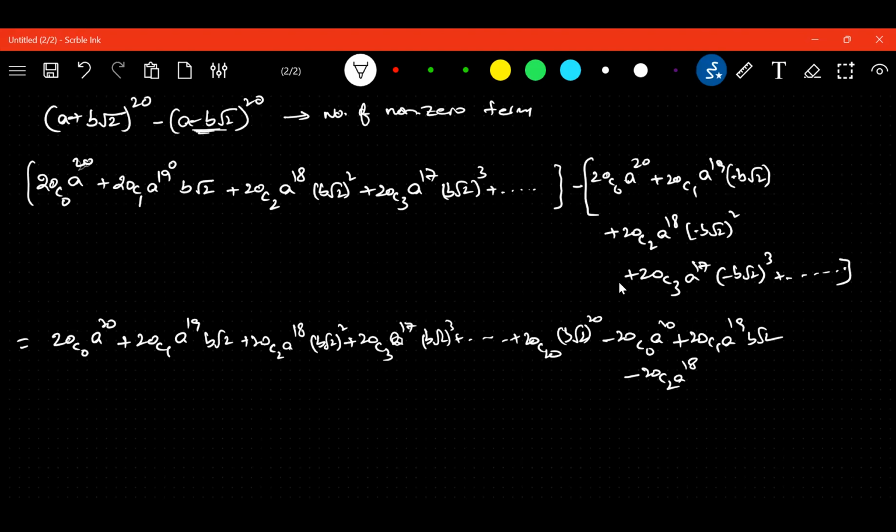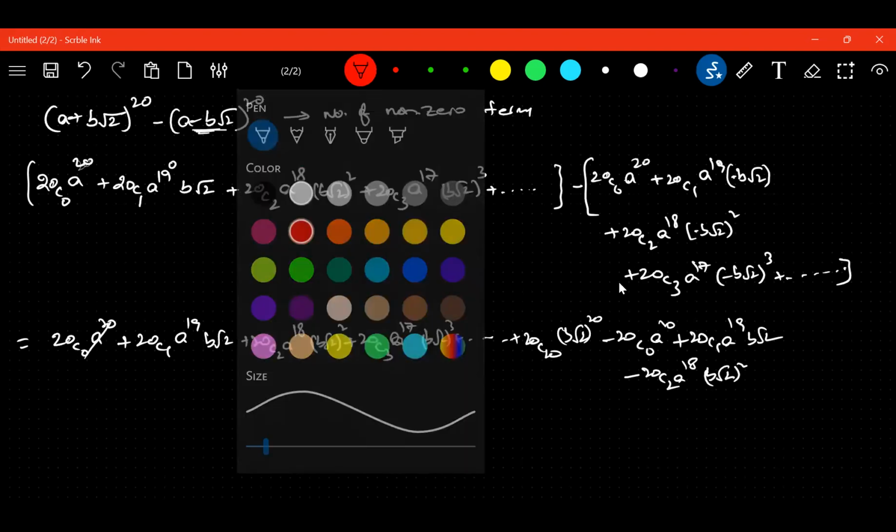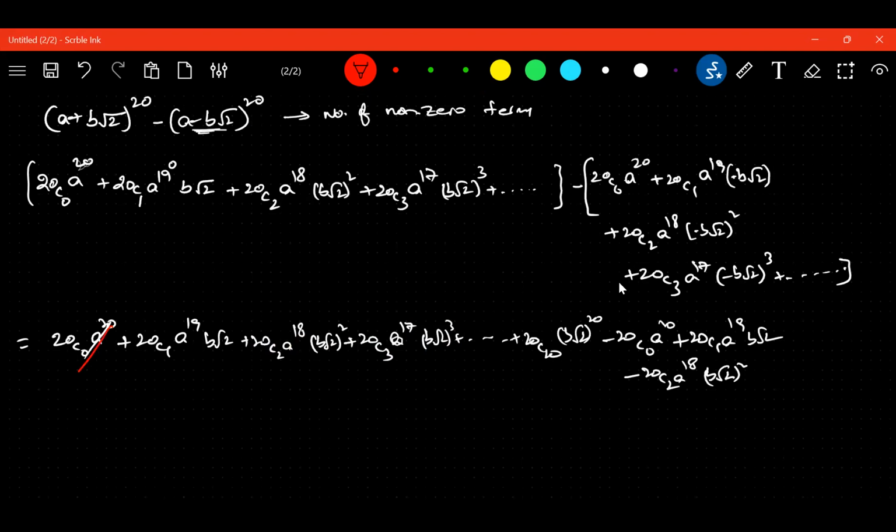That means it is a positive value only. Can I write b root 2 whole even square? All even terms will cancel. This will get cancelled, and the same way this will get cancelled. All odd terms will remain. Am I right? Yes sir.